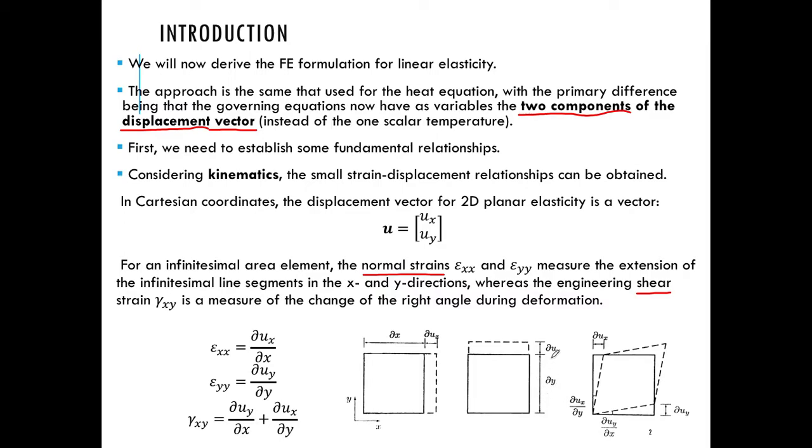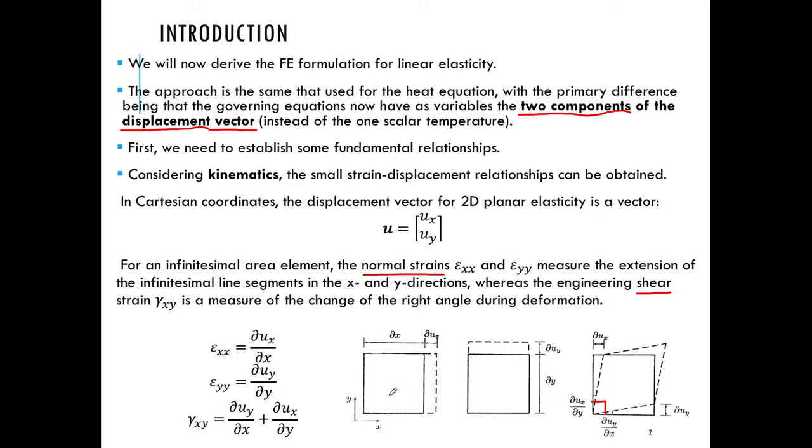Similarly, the normal strain in the y direction is given by the displacement in the y direction, del uy, divided by the original length, del y. Finally, as I've already mentioned, the engineering shear strain, gamma xy, is the change in angle from 90 degrees. Our original element has corner angles of 90 degrees, but once the element has sheared, there is a decrease in the angle, and the shear strain is a measure of this decrease from 90 degrees.